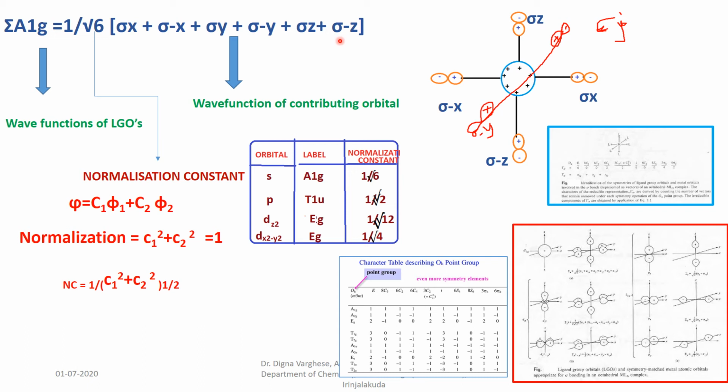So we have to normalize these orbitals. The normalization constant is 1 by root of C1 squared plus C2 squared, so we have to write 1 by root 6. By this we are normalizing these ligand group orbitals for proper overlapping.